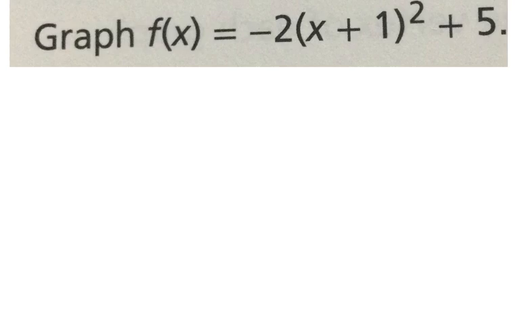Now, what all do I have to do to this graph to make it look like negative 2 times x plus 1 squared plus 5? Go left 1, up 5. Okay, so the plus 1 is going to make me go left 1 unit. The plus 5 is going to make me go up 5 units. And then the negative 2 is going to open it downwards.